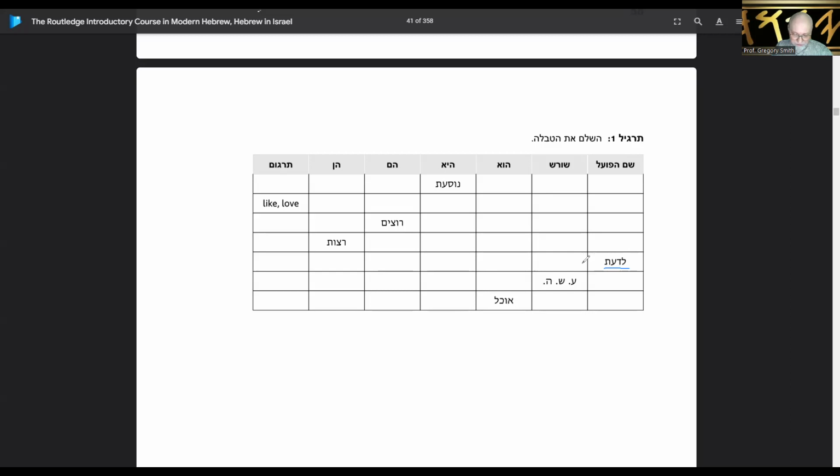And this is one of those, and the actual root is yada, yod, dalet, ayin. Yod, dalet, ayin. My dalet could probably use a little help, couldn't it? Let's try a little better. There we go. Okay, so if you were to say he knows, it would be simply yodea.